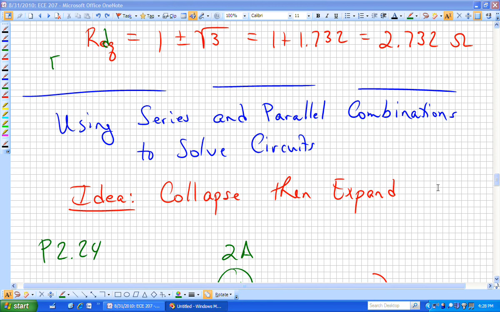Now what I'm going to do is just define some currents, just so that I can keep track of what's going on. I'm going to define something that's maybe different than what I had before going through R sub 4. That doesn't matter at this point. Here is I sub, let's say, 5.